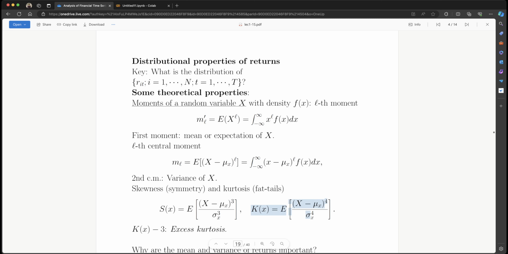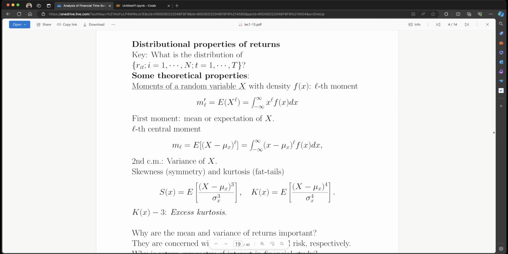If we subtract 3 from kurtosis, it is called excess kurtosis, because the benchmark is 3. For a normal distribution, which is symmetric, kurtosis is 3. If it is greater than 3, the tail is thicker than the normal distribution. If it is less than 3, it is thinner than the normal distribution.